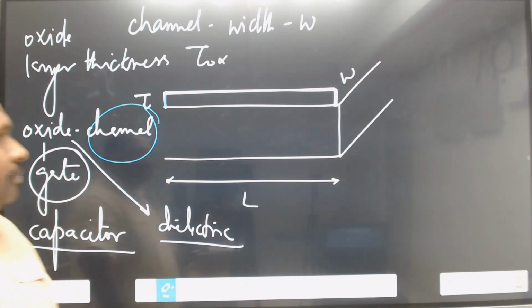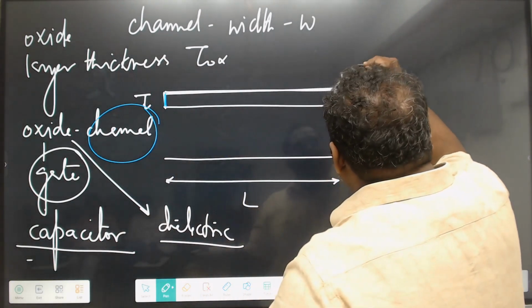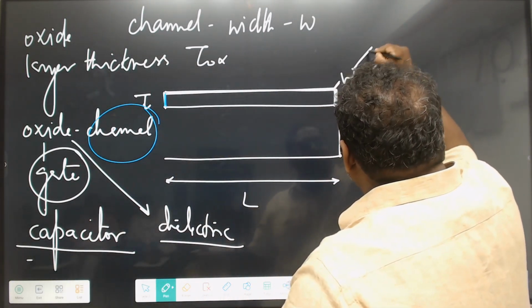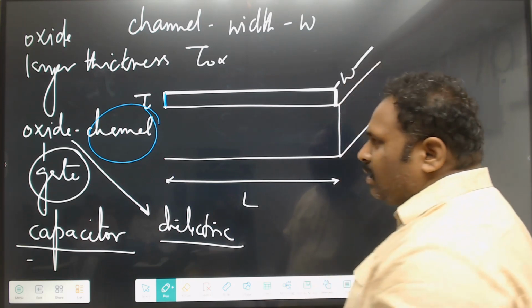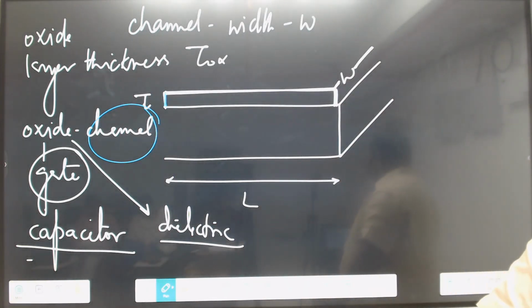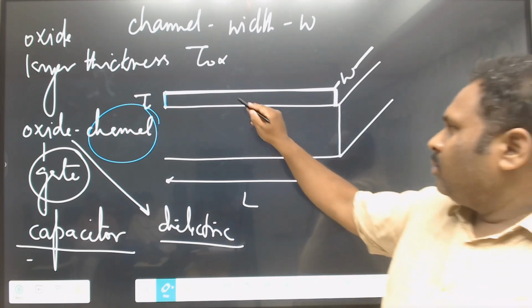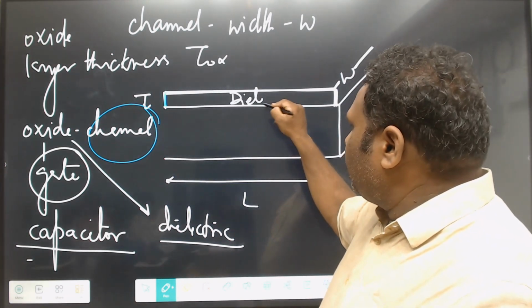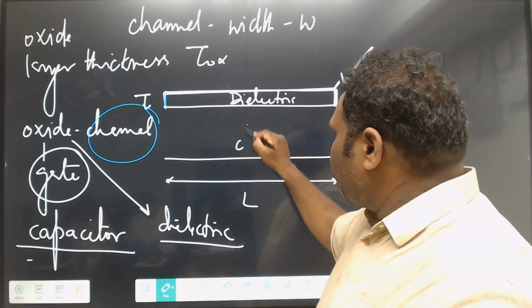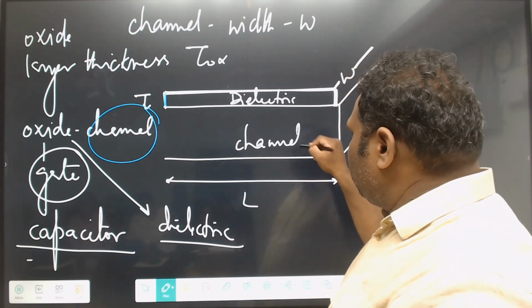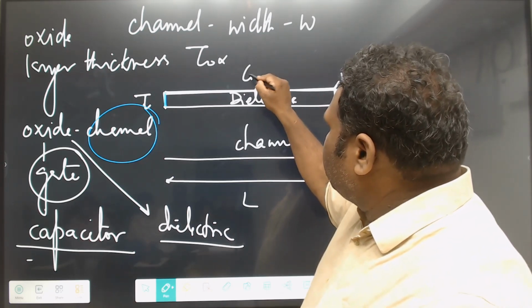You getting it? So my capacitance is formed because of my gate, channel and the oxide dielectric. This is my dielectric, this is my channel, and this is my gate.